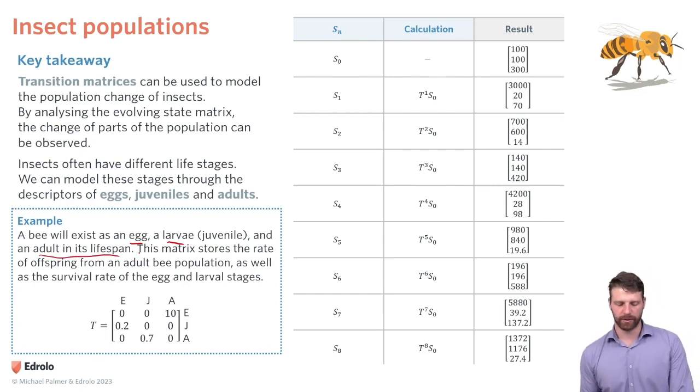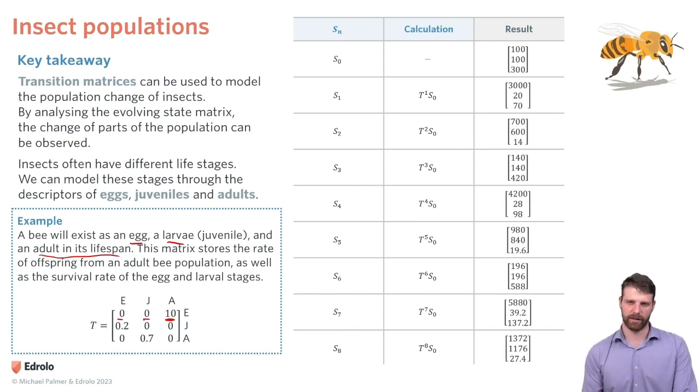This matrix stores the rate of offspring from an adult bee population, as well as the survival rate of the egg and larval stages. So this is sort of like the Leslie matrix. What we can see here is that we expect 10 offspring for every bee in the adult phase, but the juveniles and the egg phase can't breed yet. And that sort of makes sense, doesn't it?